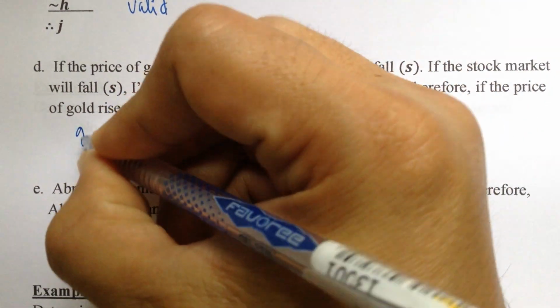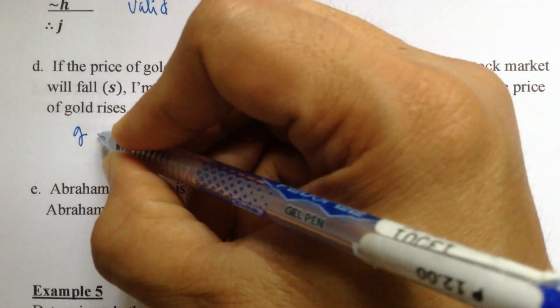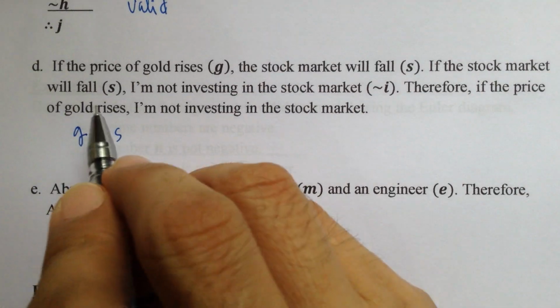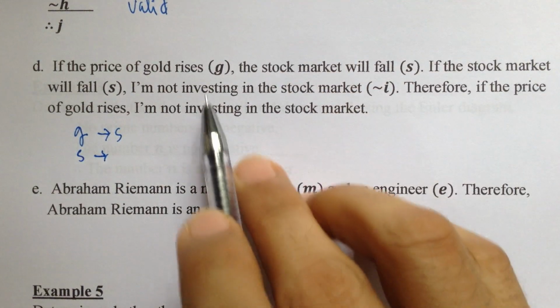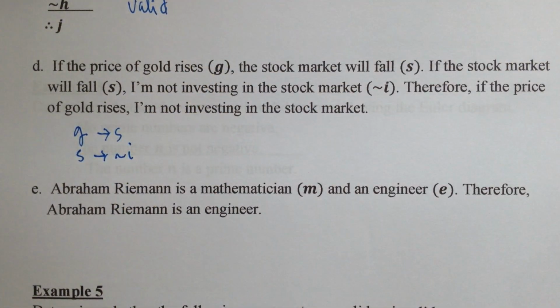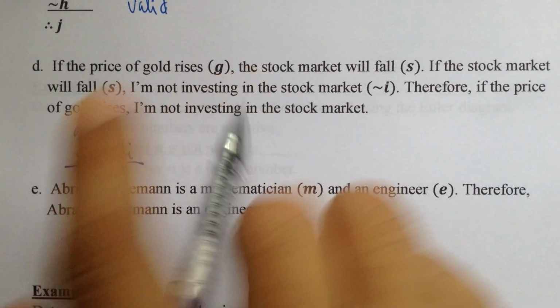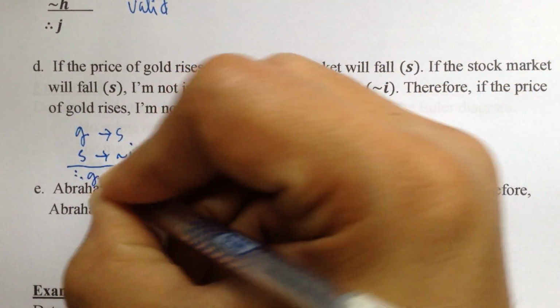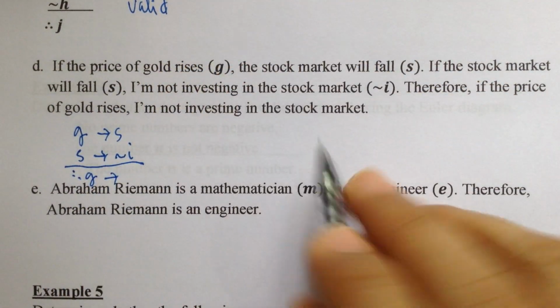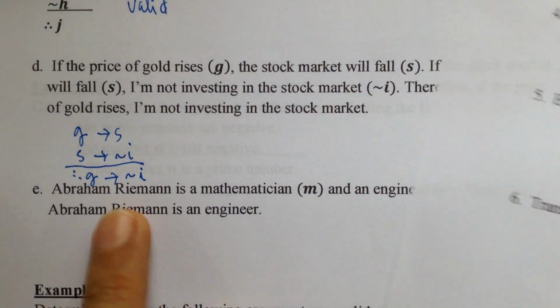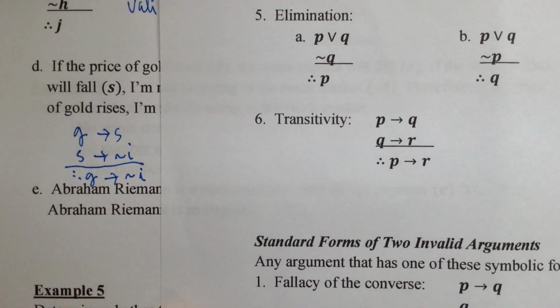Fourth, okay, again we convert this into symbolic form. You have G implies S. If the stock market will fall, that is S, implies I'm not investing in the stock market, so that's negation of I. Therefore, if the price of gold rises, that's G, implies I'm not investing in the stock market, so negation of I. Okay, as you can see, this is similar to what we call transitivity, right?